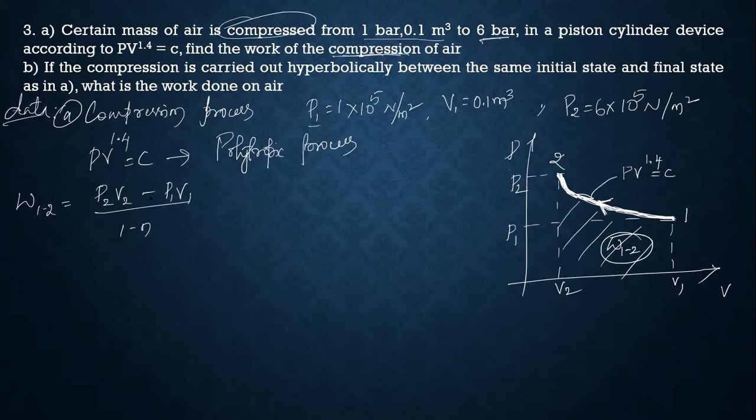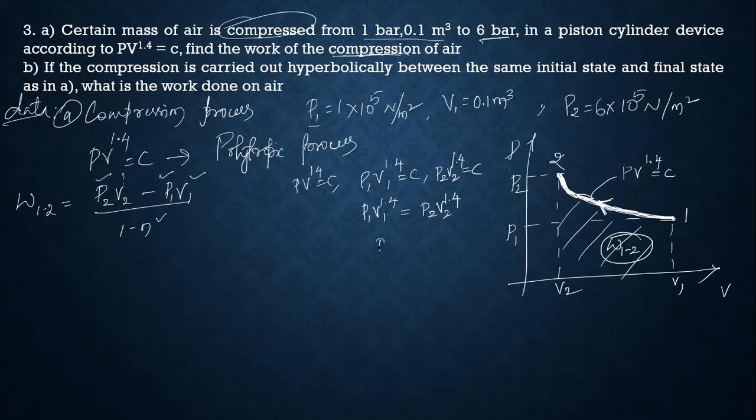Therefore, in the problem P1 is known, V1 is known, P2 is known, n is known, the only unknown term is V2. Therefore, let us calculate that. We know PV to the power of 1.4 is equal to constant. Therefore, I can write P1 V1 to the power of 1.4 is equal to constant and P2 V2 to the power of 1.4 is equal to constant. Taking the ratio of these two, P1 V1 to the power of 1.4 equals P2 V2 to the power of 1.4.